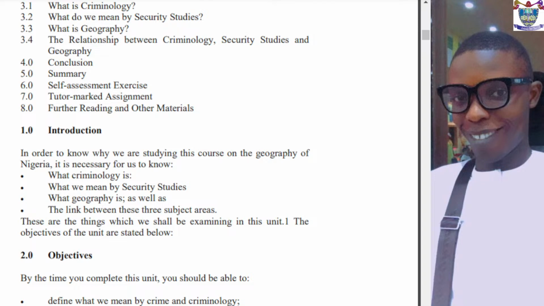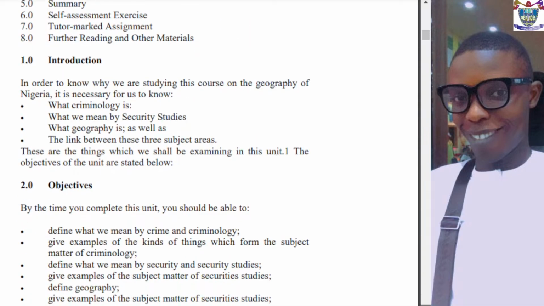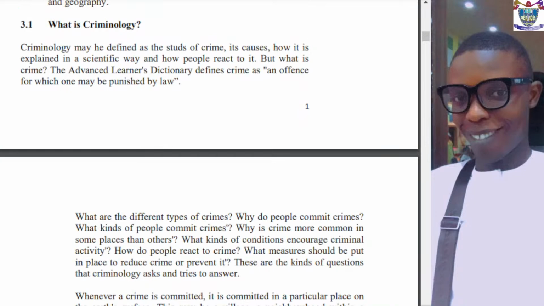So, just as we saw when we were looking at the objectives of the class. Now, what is criminology?